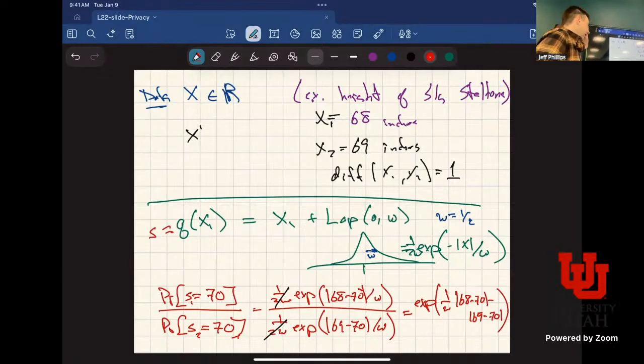When I take the ratio of two exponents, I can take a single exponent and subtract their contents.